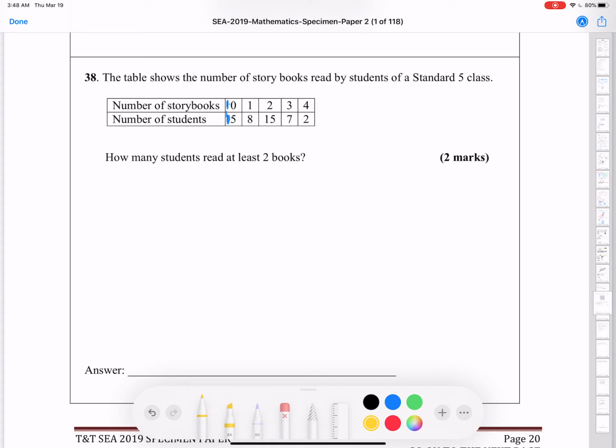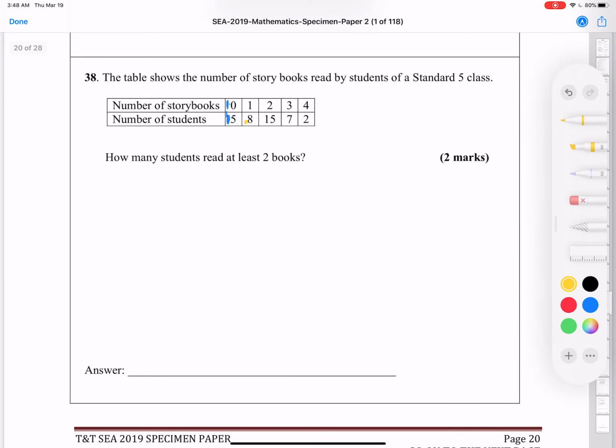Here, 8 children read 1 book. Over here, 15 children read 2 books. Next one, which color did I use? 7 children read 3 books.